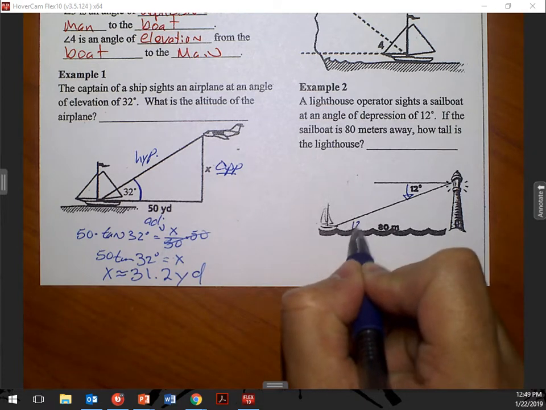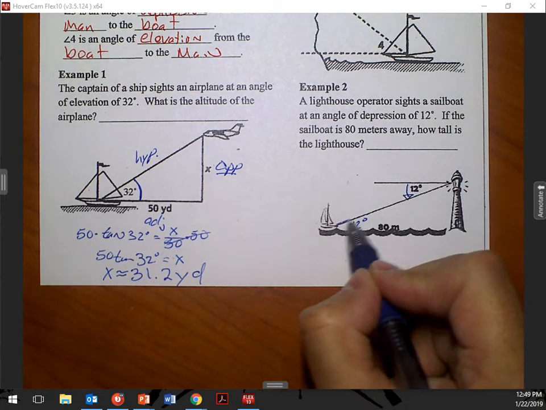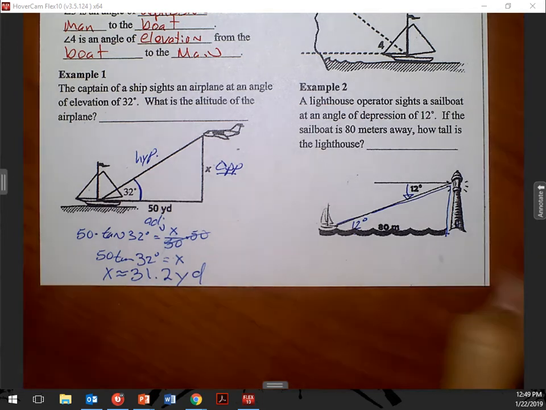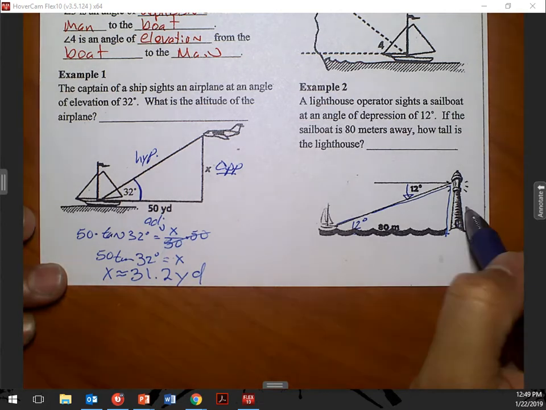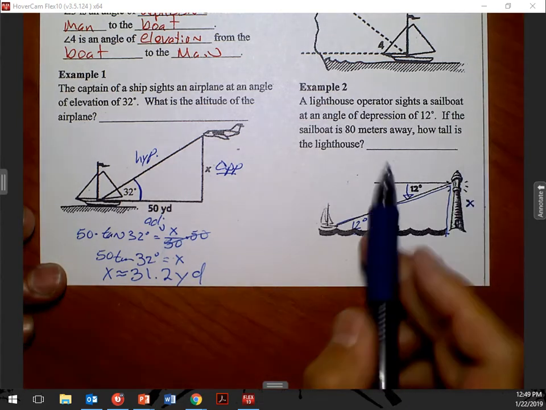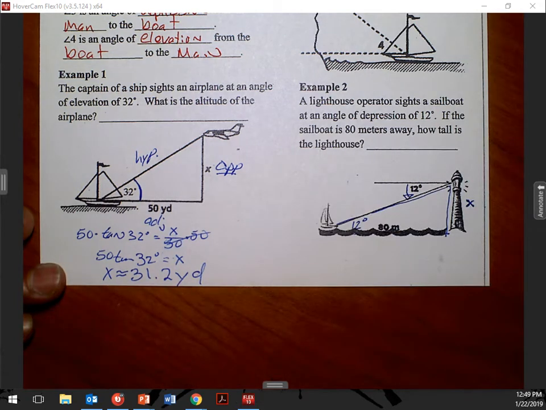So I can put 12 degrees right here, and now I have a full triangle here. We're trying to find the height of the lighthouse. I'm going to mark this with an X, because that's the one I'm looking for. It says how tall is the lighthouse, so I'm going to put my variable there.